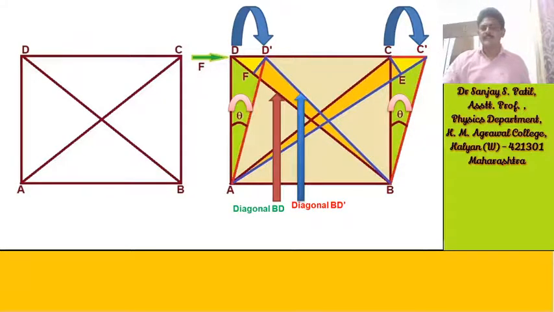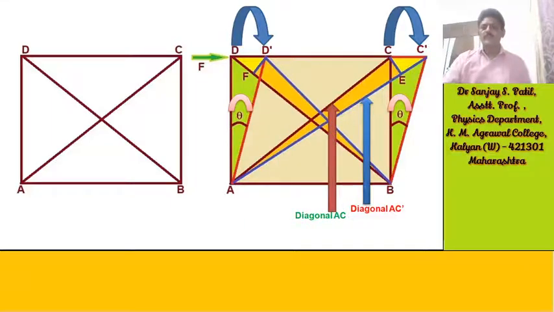Now you are observing the diagonal BD, which was originally observed in this diagram, this arrow shows the diagonal BD, and after the application of force, compression of diagonal BD takes place, which is the newly formed diagonal BD dash. Now see here, diagonal AC.